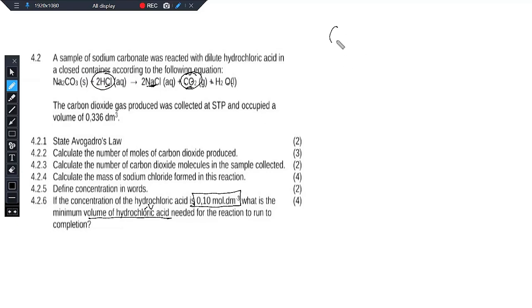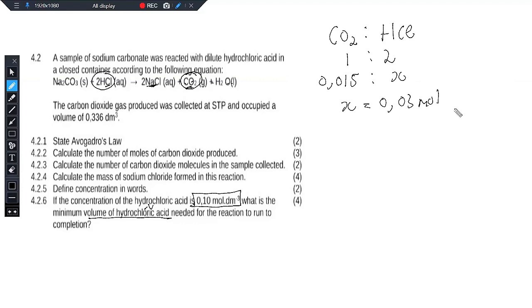Right. Then again, the ratio of carbon dioxide to hydrochloric acid is 1:2. So if carbon dioxide has 0.015, then what is the number of moles of hydrochloric acid? It needs to be twice. Then when we cross multiply, that's 0.03 mole, which is twice this.